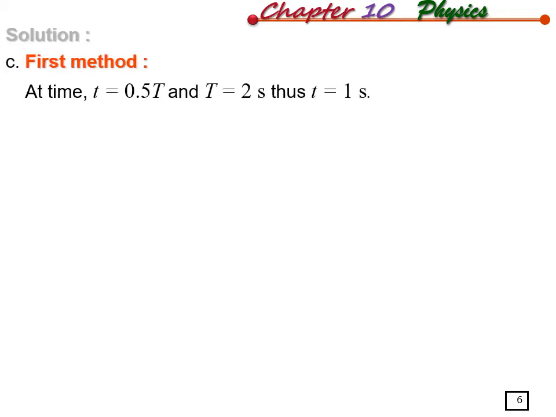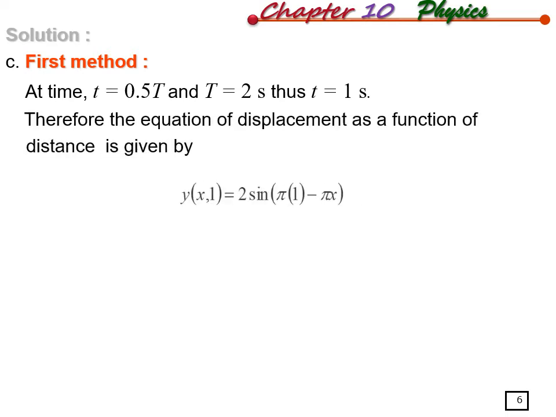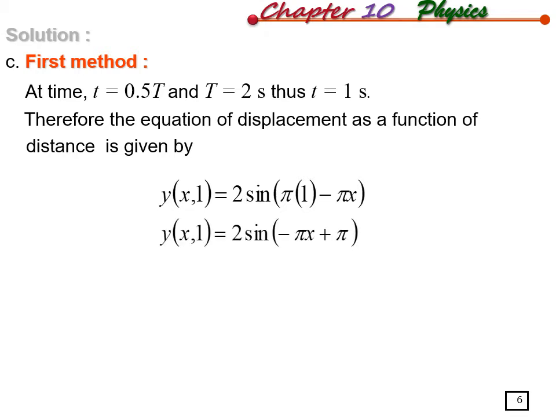Now the time is 0.5 period. From calculation we know the period is 2 seconds, so applying it, t is equivalent to 1 second. Replacing in the equation, we end up with −πx + π.